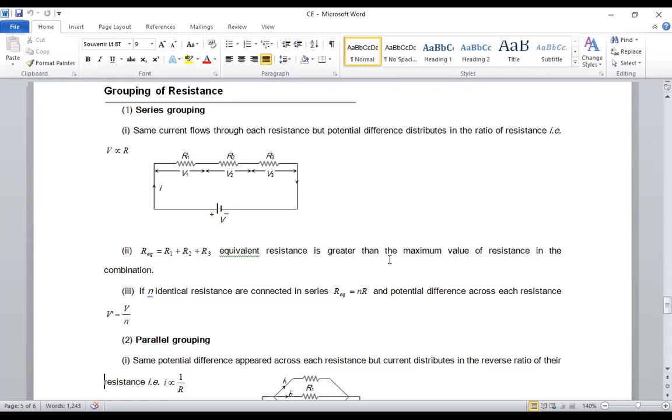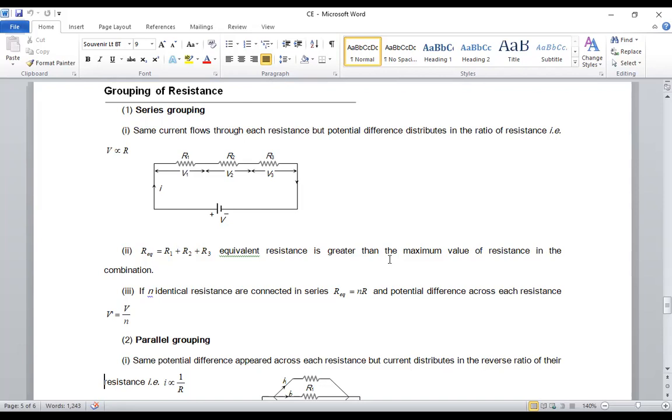Voltage will be different at each and every resistor. Current will be same, but voltage will be different. We have already studied the derivation in theory. So Rs is equal to R1 plus R2 plus R3. Here it is 3 resistors; they may give 2 or they may give 4. So that you have to remember.